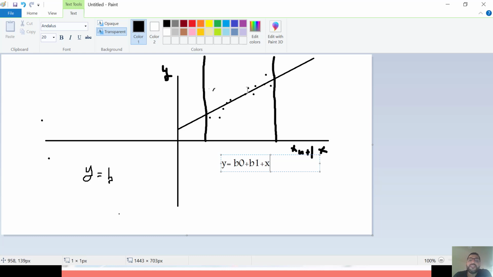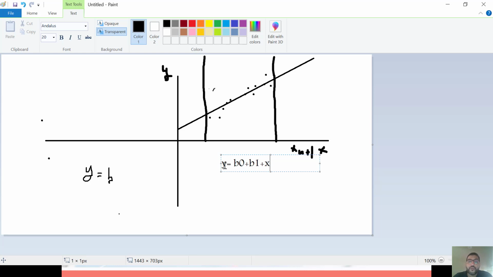Then I'm going to take the delta between each point and the mean, and take the sum of all of the delta y divided by all of the delta x, and this is going to give me the slope of that equation.